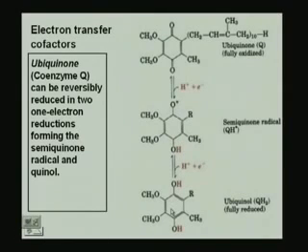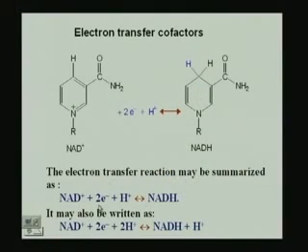Now, the use of coenzyme Q is its efficiency in being able to accept 1 electron, 1 proton at a time. In the other cases, you may need 2 electrons. For example, in the NAD plus going to NADH, if we go back and look at the reaction, you need 2 electrons for the reaction to go to NADH.